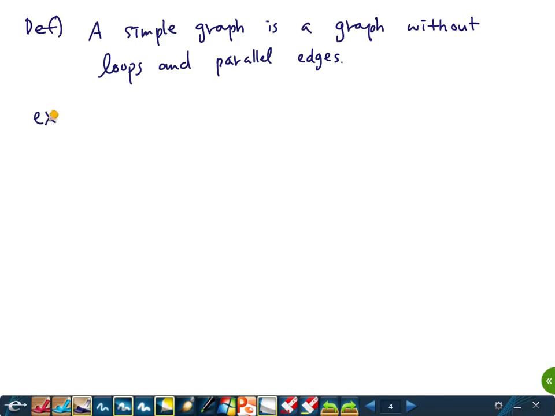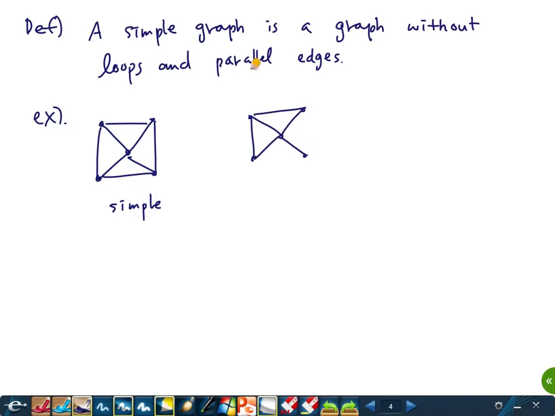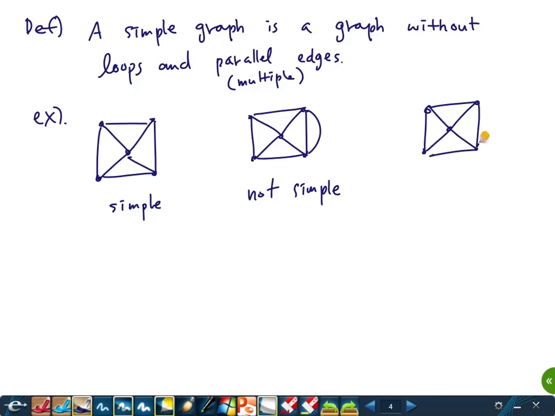For example, we have a graph like this. I'm representing the vertices using dots and edges using segments. This is simple, right? We don't have any loops or multiple edges. Parallel edges are also called multiple edges sometimes. But this one, on the other hand, is not simple because we have parallel edges like this. Also, if you have something like this, it's not simple because we have a loop.